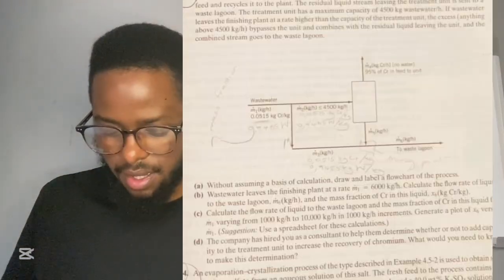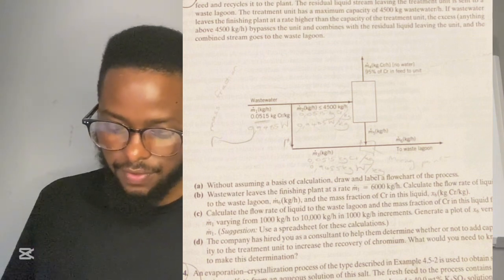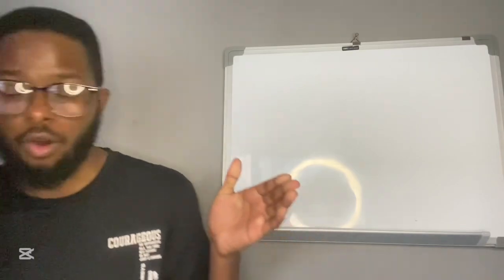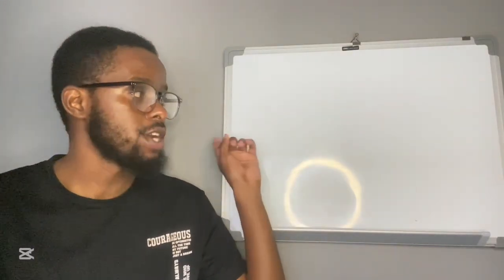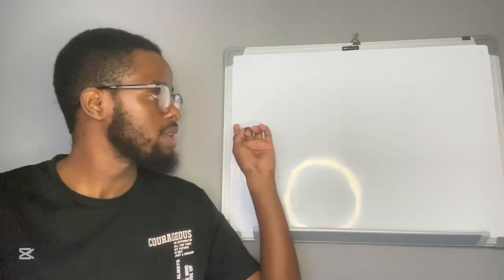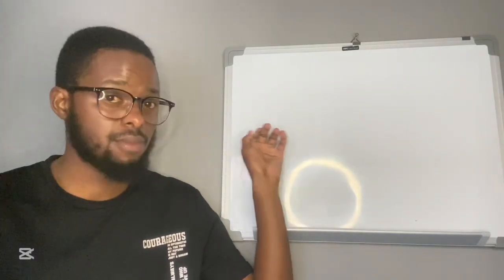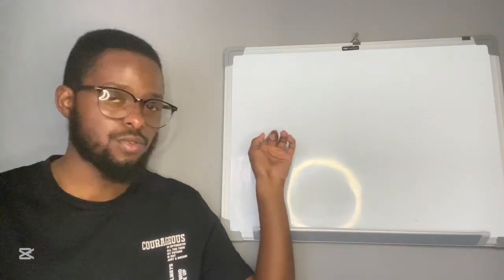Let's go to B. So at B, they're saying wastewater leaves the finishing plant at a rate of, so now they are giving us values. On your flow chart, wastewater is coming to the treatment unit, right? So it is leaving a plant. This side there's a plant, so there's a stream coming from a plant, which is M1, right?